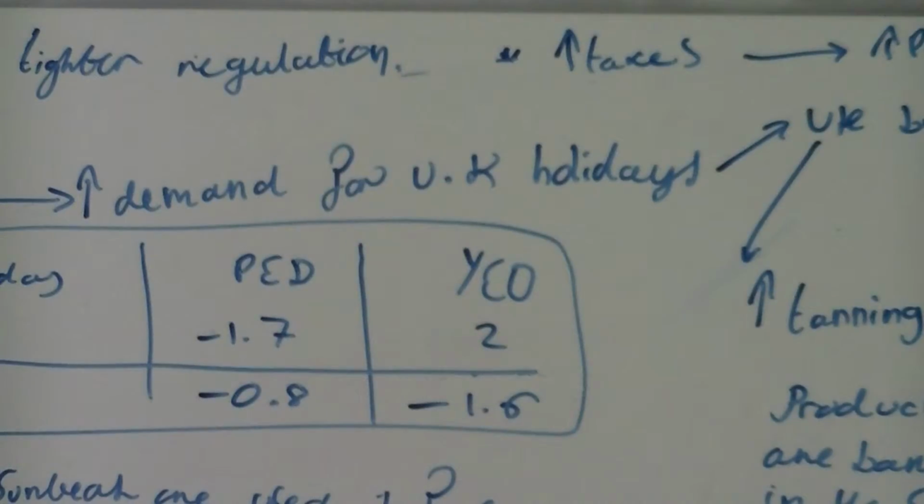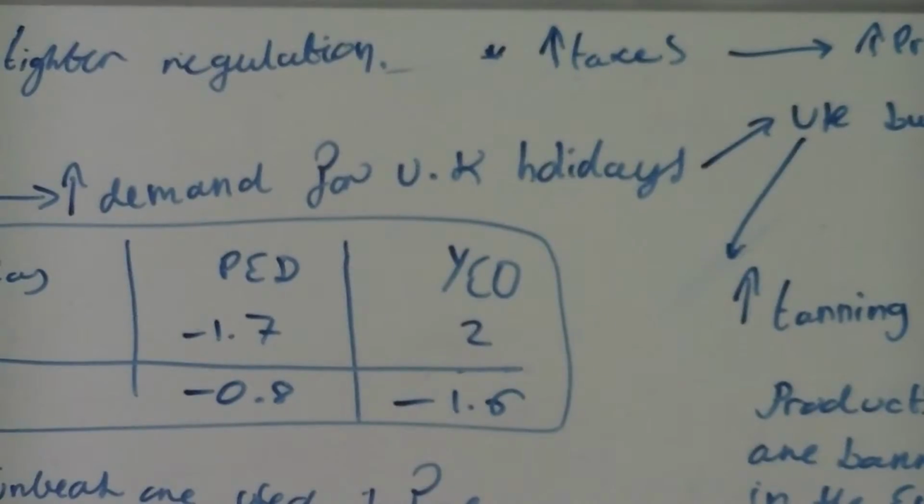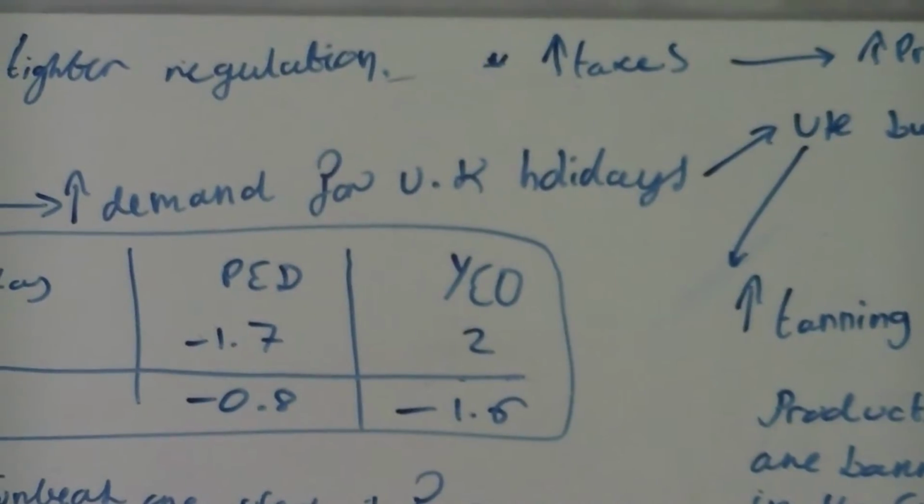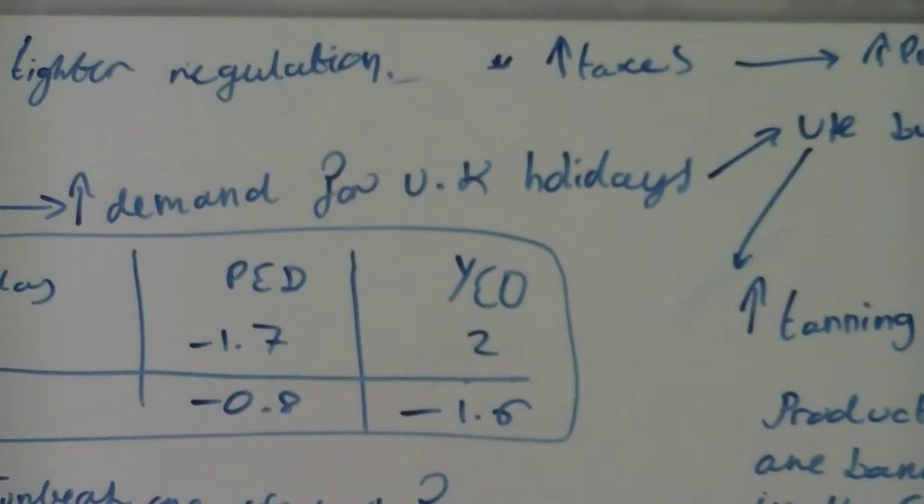YED says how responsive demand is to a change in income. It also tells us what kind of good it is, because people buy a luxury good at a high income level. So if it's positive, it's either a normal or a luxury good. If it's larger than 1, it's elastic and it's a luxury good.